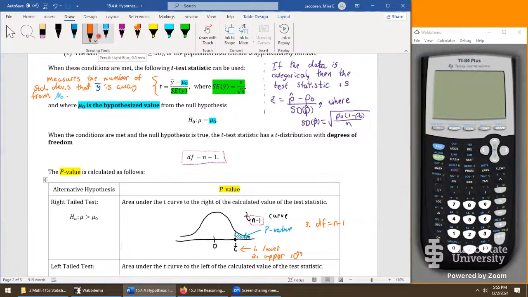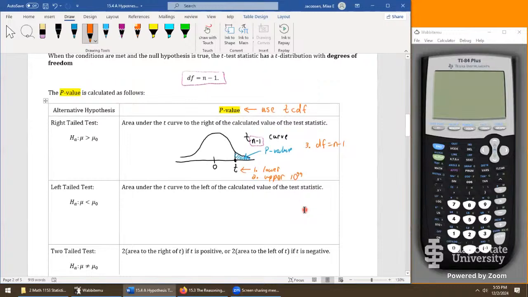And in either case for the p-value, let's just reiterate this here, use t-CDF, like we specified earlier. So those would be the inputs to get your p-value for this situation. If we do the left-tail test, really this whole picture just sort of reflects across 0, but let's write it down anyways. So here's what the look is for a left tail.